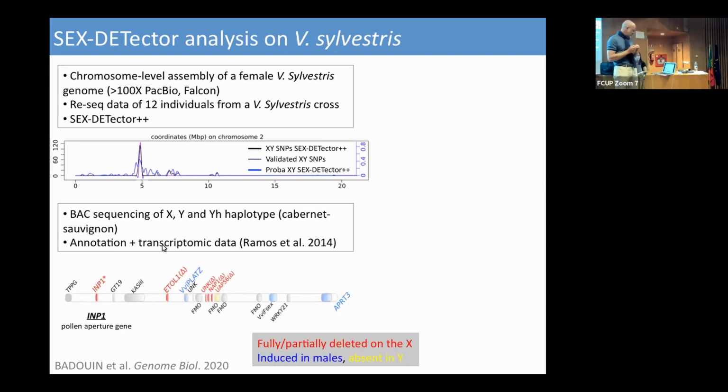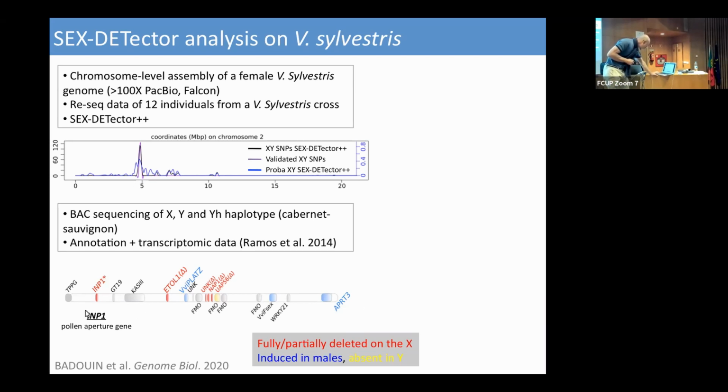Then we obtained back sequences for the X haplotype, the Y haplotype, and the YH haplotype. And then we could look at gene content of the different haplotypes and expression patterns. And we found something really interesting. So this is the X haplotype.